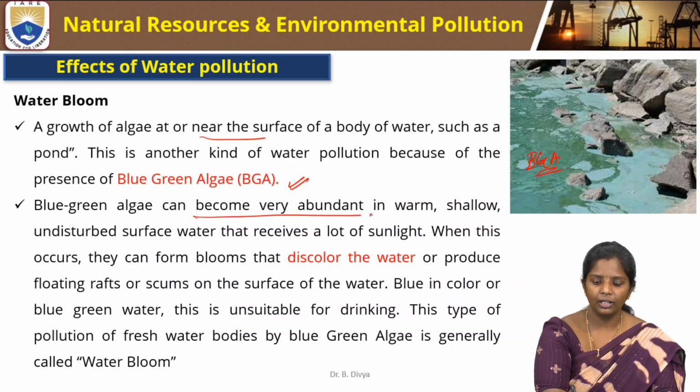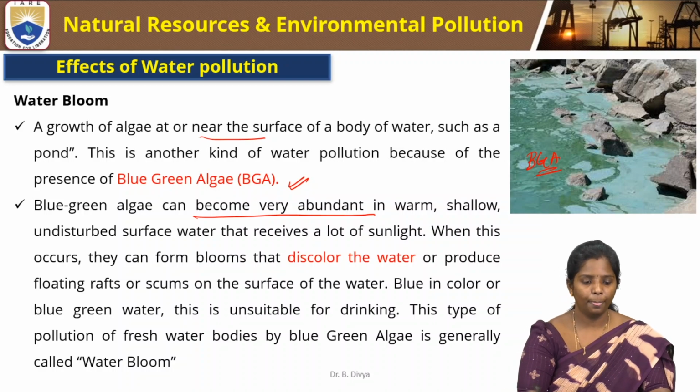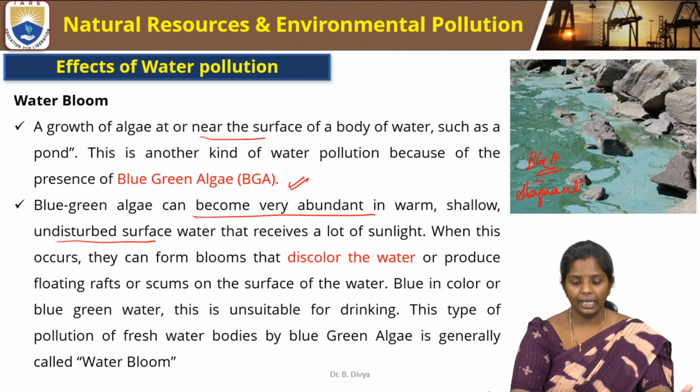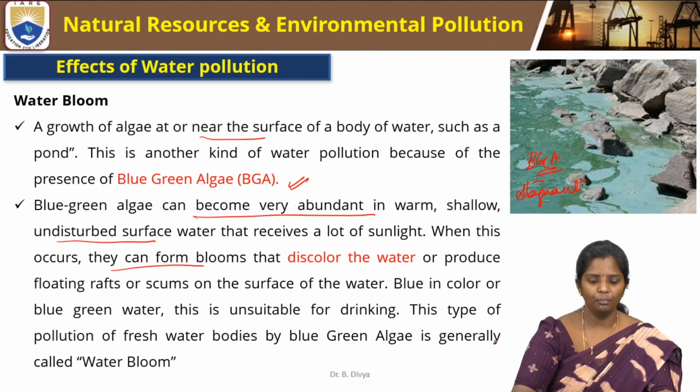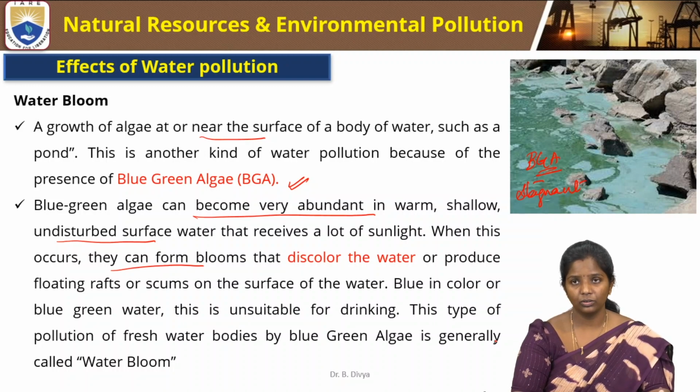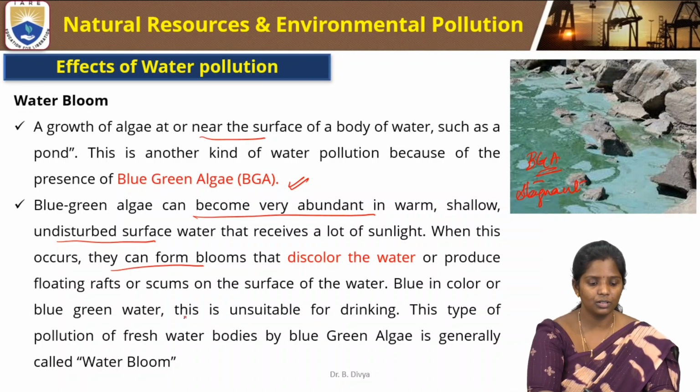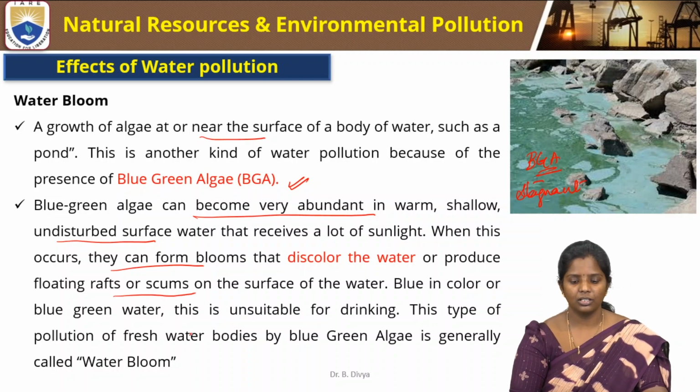These can become very abundant in warm, shallow, undisturbed water, stagnant water that receives a lot of sunlight. When this occurs, they can form blooms that discolor the water, so the color of the water will change, and produce floating rafts or scums on the surface of the water.